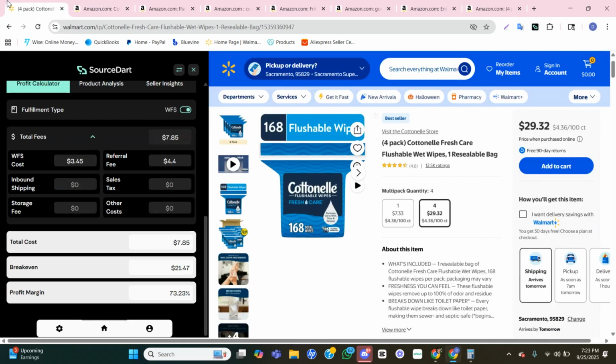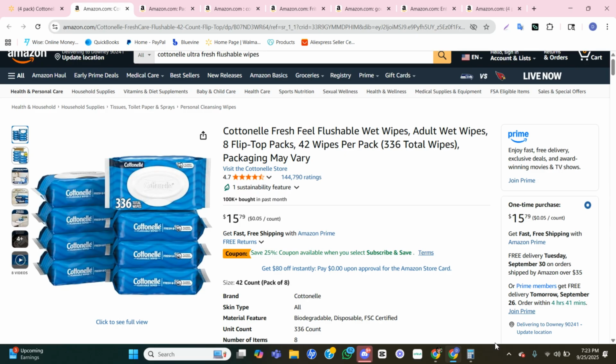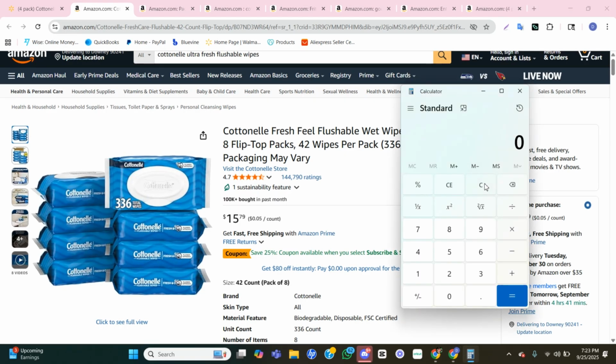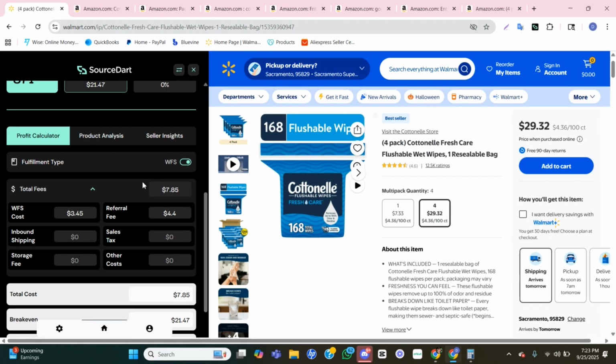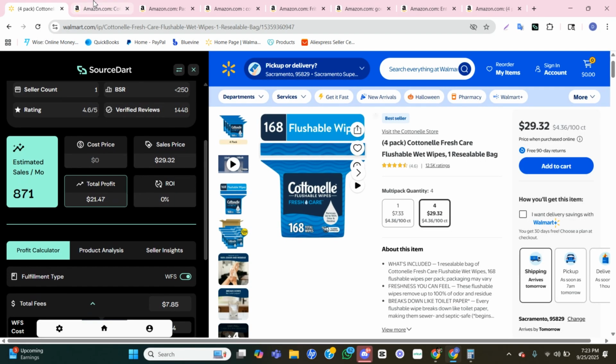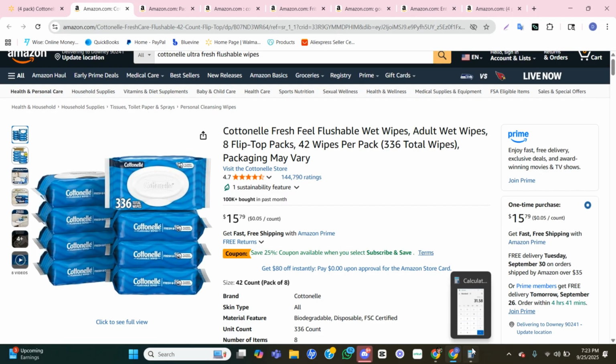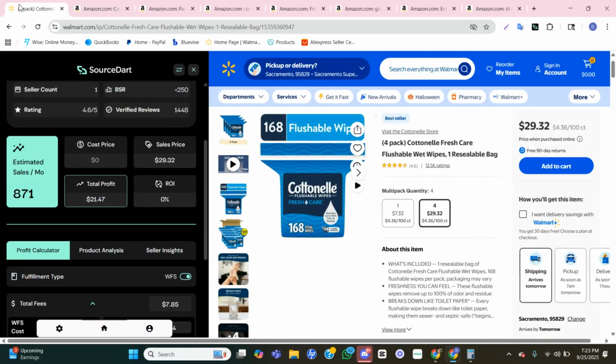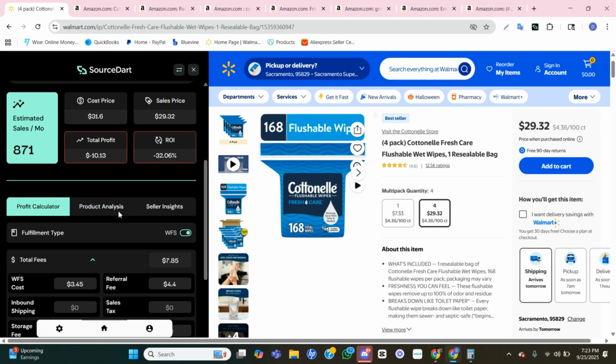So 15.79 times 2 is 31.58, a total of a 4 pack. So it's 31.6. It's still not a good product to sell.